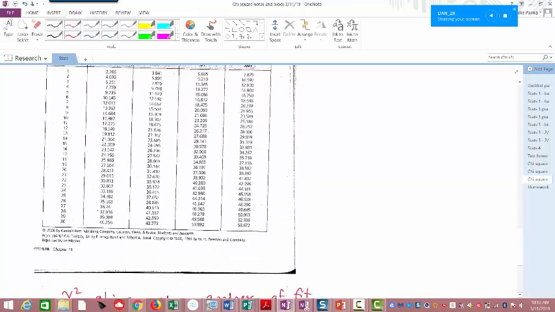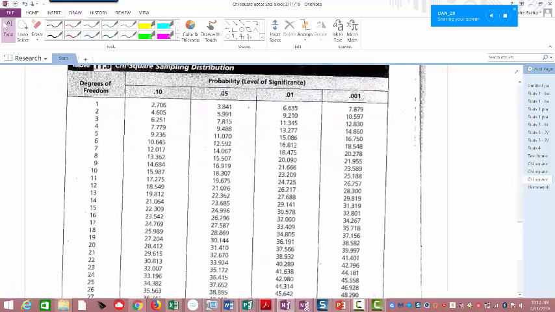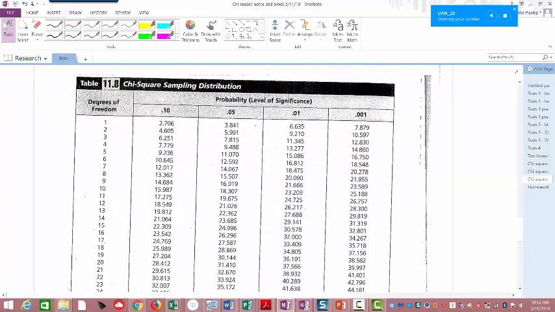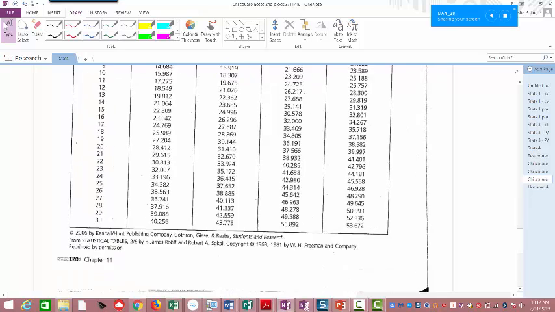Now we have a chart that looks a lot like the chart we were using for t-test, except it says that it's for chi-square. Make sure you're using the right chart. So we have 0.05 and 3 degrees of freedom, so 7.815 is our critical table value.